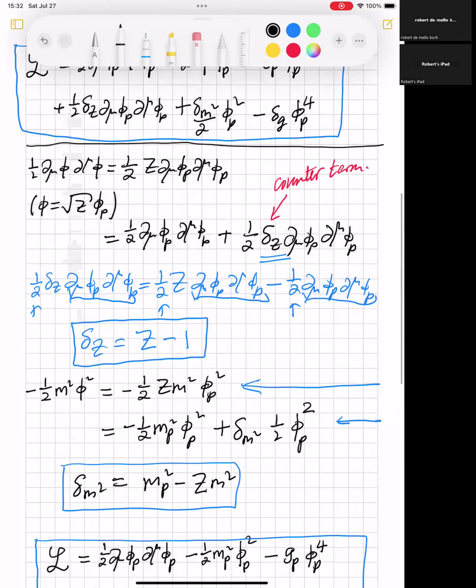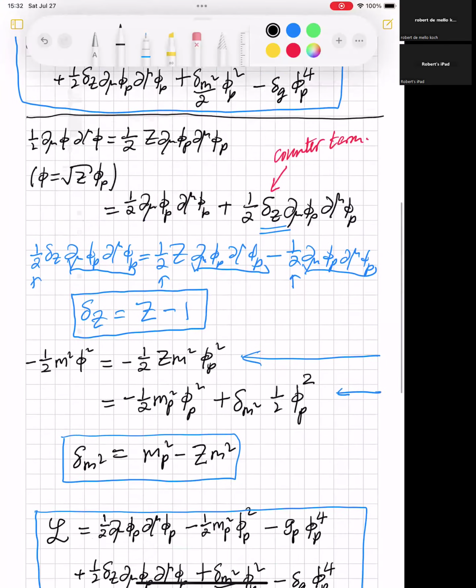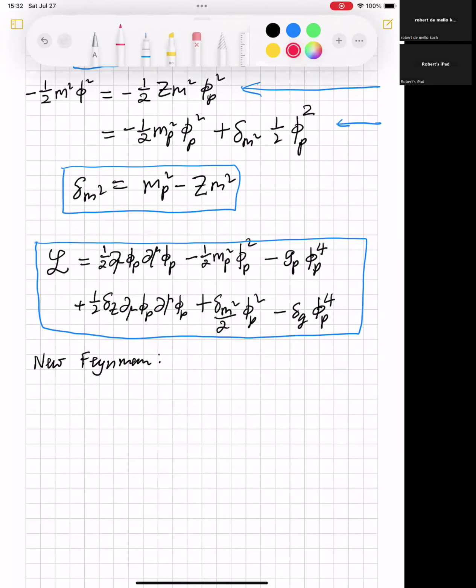Our original Lagrangian only had 3 terms. Okay, so from the first 2 terms over here, by studying those 2 terms, you could work out what the propagator is. And the propagator is equal to i over p squared minus mp squared plus i eta, okay?